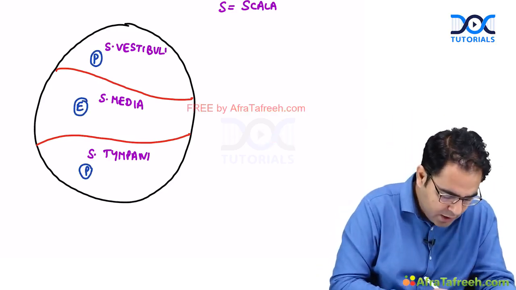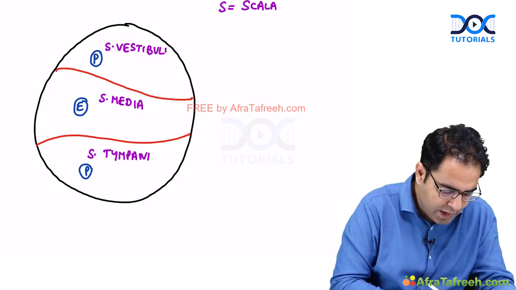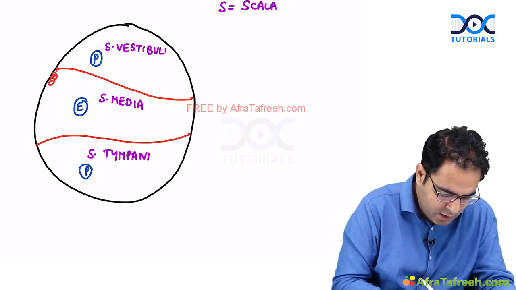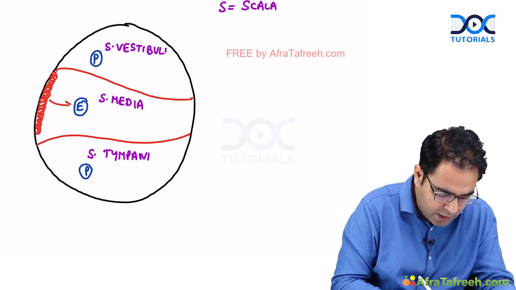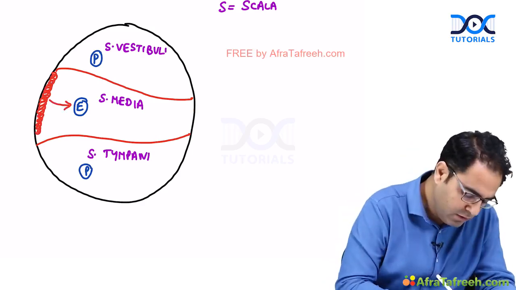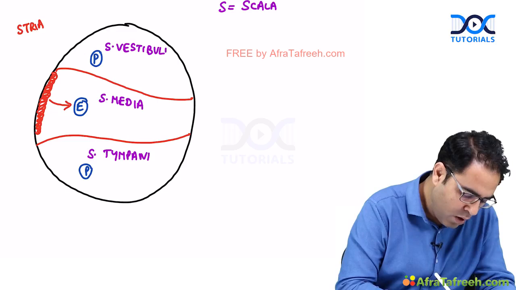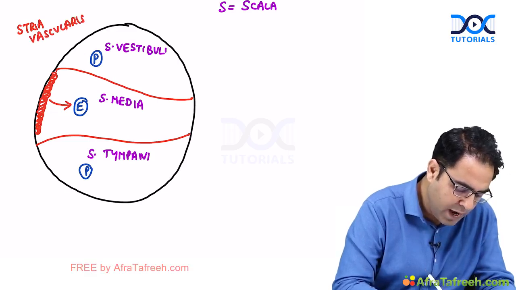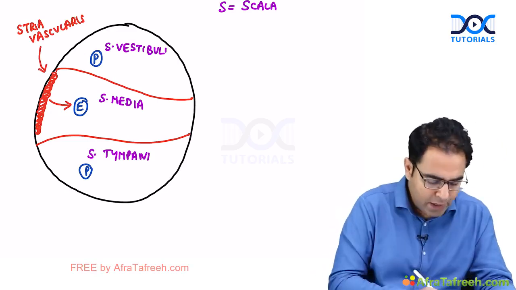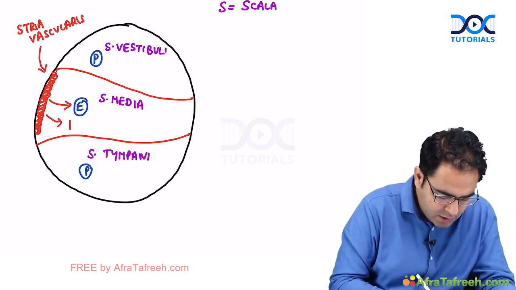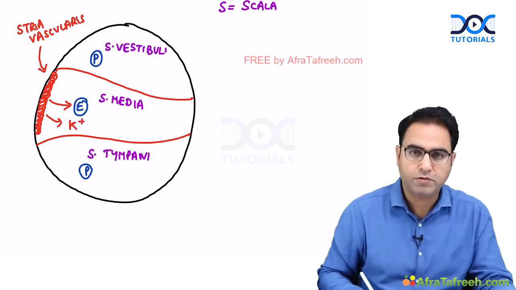Endolymph is produced by the stria vascularis of the cochlea. There is a vascular layer over here in the cochlea that produces the endolymph. What is this? Stria vascularis of the cochlea. I hope you remember, endolymph is produced by the stria vascularis. And it also keeps secreting potassium ions.